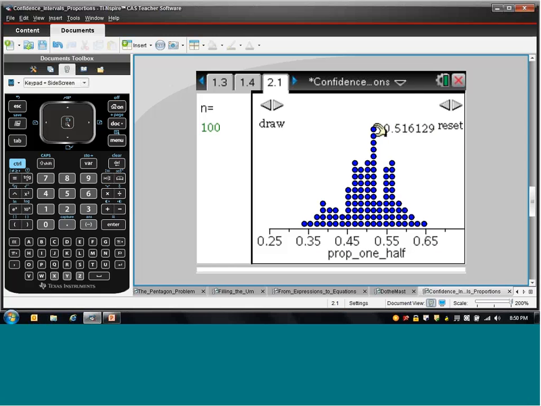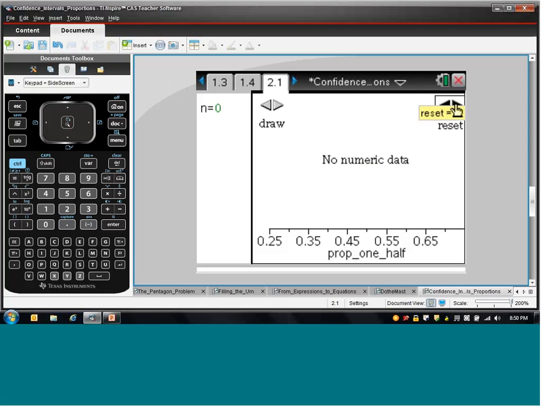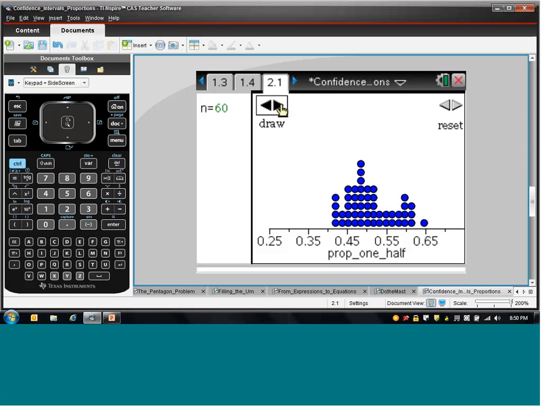Well, let's try that again, Eric. All right, and so we're going to generate a second set of 100 drawn from a population where we know that half of the people are male. And this time it's about 0.4 to 0.65, still centered around 0.5.